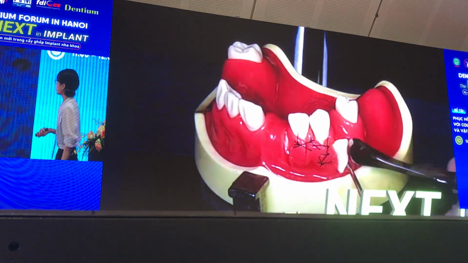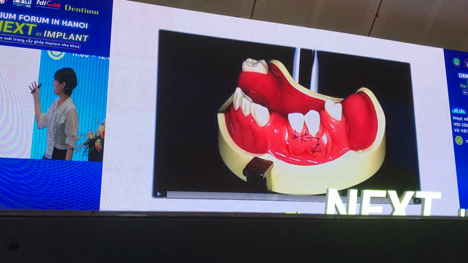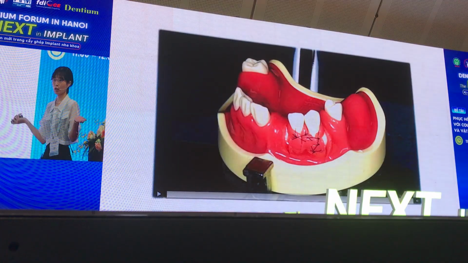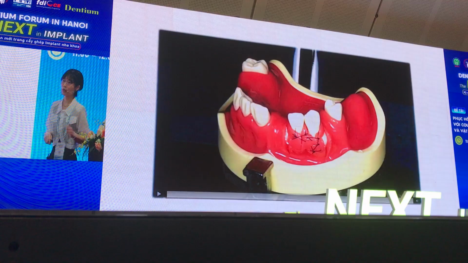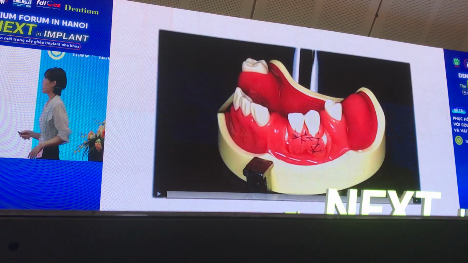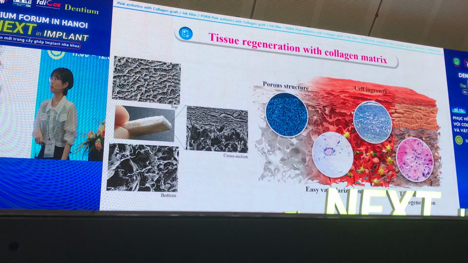After applying the collagen matrix inside and suturing, that is the completion of the simplified tunneling technique. So it is very easy, right? I usually use this technique for the PDM.